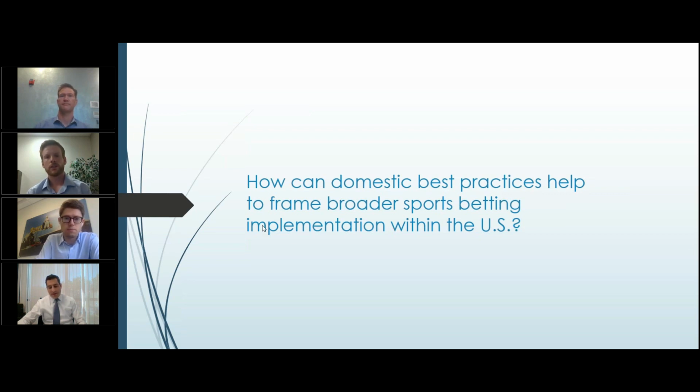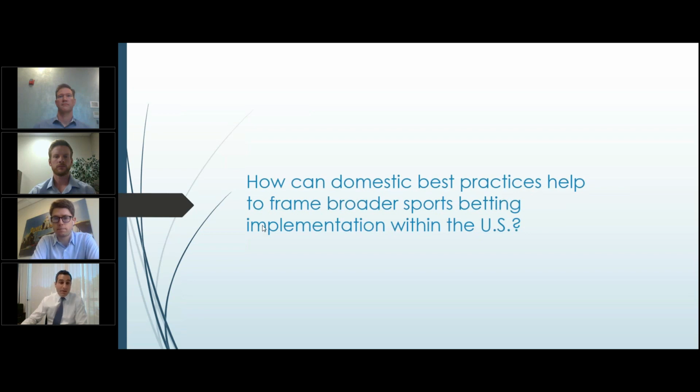Yeah, just to add to that, there's a lot of discussion about integrity and how that factors into expanded legalized sports betting. And I think the important point that we always like to get across is that we are aligned with the sports leagues on integrity. We rely on fair games with outcomes we can rely on.